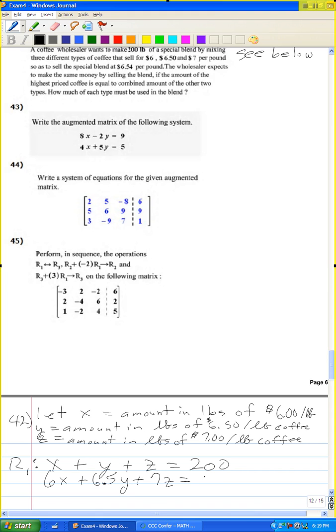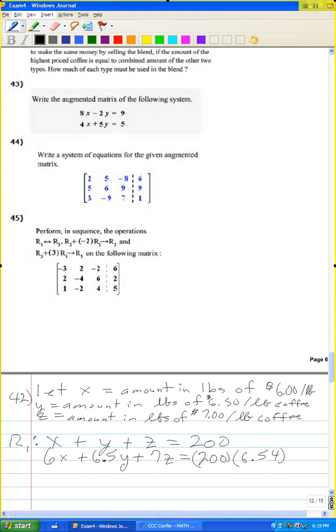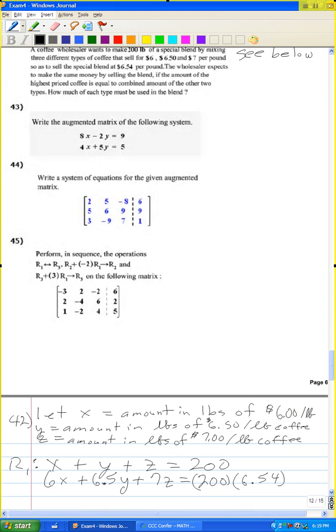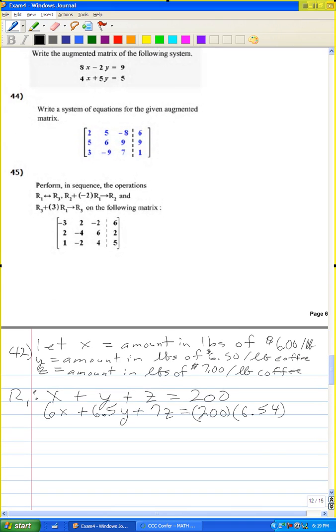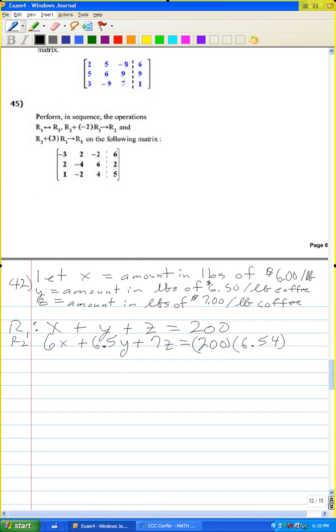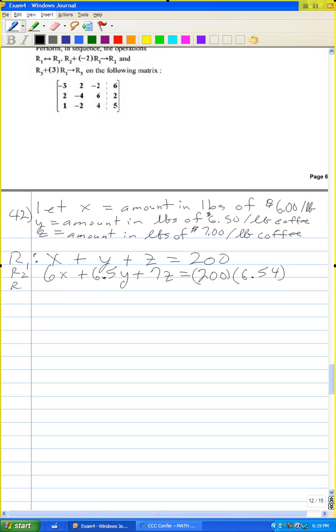You want to blend this so you have 200 pounds of a $6.54 per pound coffee, and wholesale expect to make the same money by selling the blend if the amount of the highest price coffee is equal to the combined amount of the other two types. So this is R2, so R3 says that Z is equal to X plus Y.